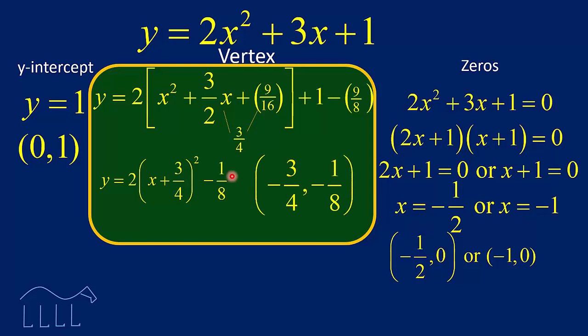So now I've got my vertex to be -3/4, comma, -1/8. And that is how we can find these 3 parts: the y-intercept, the vertex, and the zeros.